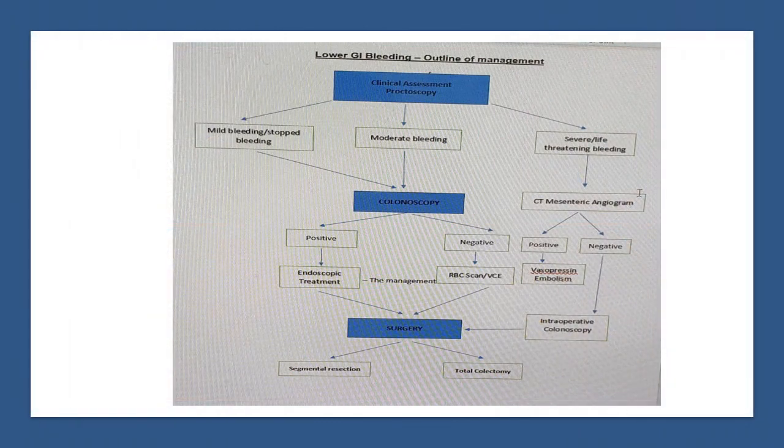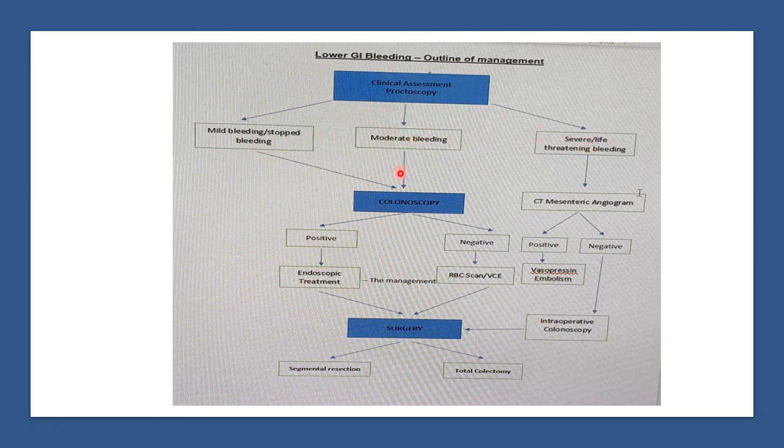And this slide shows you the outline of the management of lower GI bleed. This is simple and summarized, to be understood by undergraduates. Clinical assessment and proctoscopy is very, very important to classify the bleeding into mild, moderate, or severe.